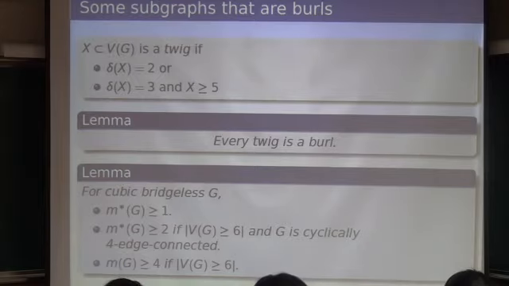And it's also easy to prove, as a technical lemma, that it's at least 2 if you have at least 6 vertices and the graph is cyclically 4-edge connected. And if you have at least 6 vertices, you have at least 4 perfect matchings in the graph. And these kind of turn into base cases for our induction.